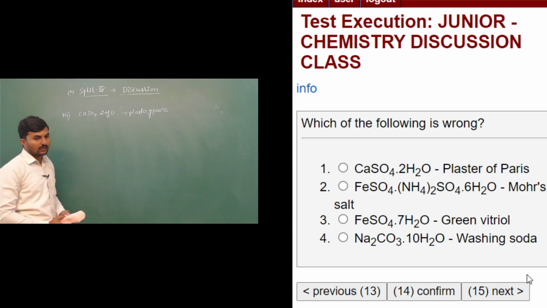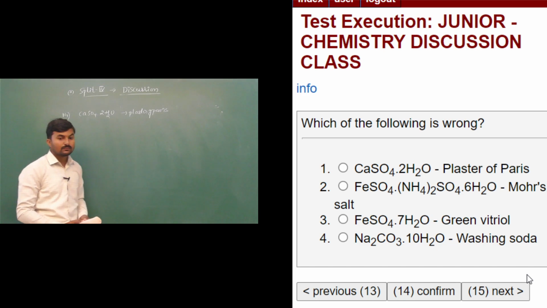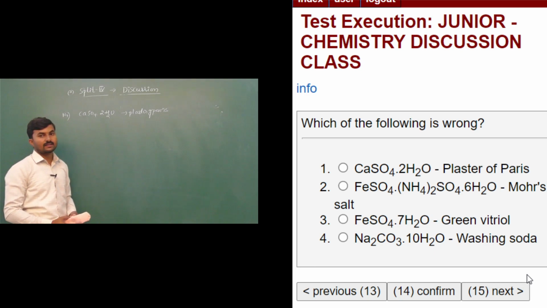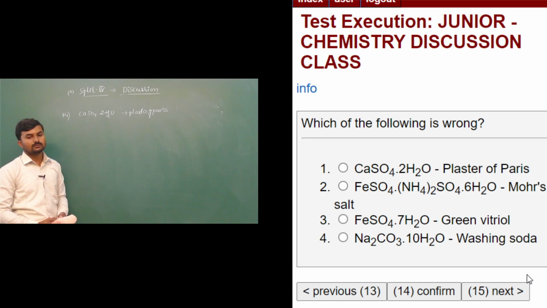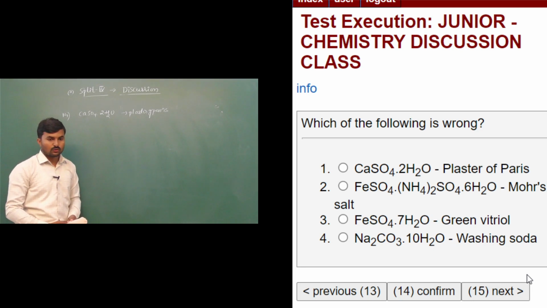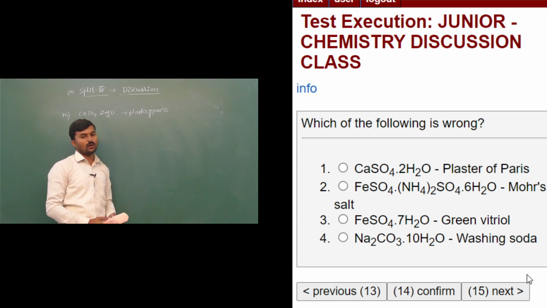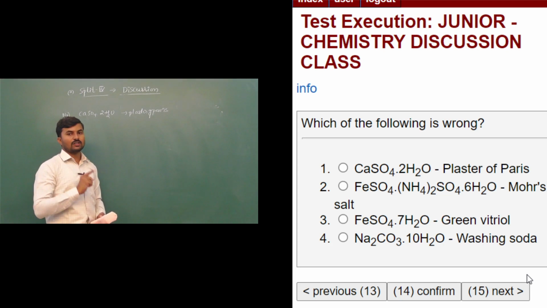Then the third one is FeSO4 7H2O, iron(II) sulfate heptahydrate, which is called green vitriol, followed by Na2CO3 10H2O, sodium carbonate decahydrate, which is called washing soda. Except the first one, plaster of Paris, all the remaining statements 2, 3 and 4 are correct and correctly matched.